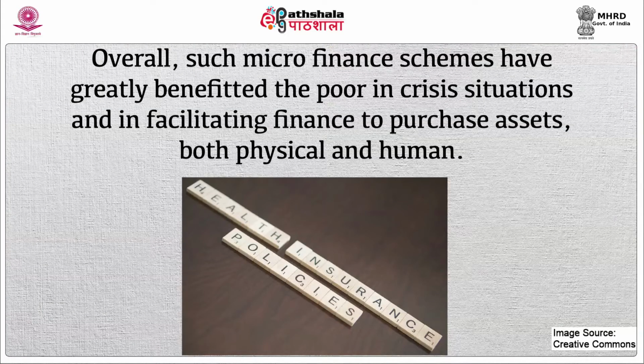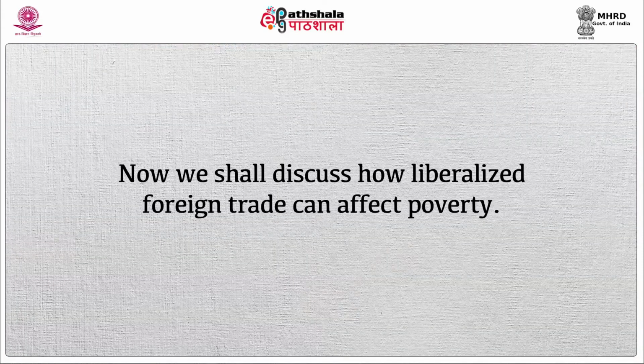Overall, such microfinance schemes have greatly benefited the poor in crisis situations and in facilitating finance to purchase assets, both physical and human. These points clarify how land, labor, and credit are related to the growth of the resource employed in the agricultural field. Now, we shall discuss how liberalized foreign trade can affect poverty.